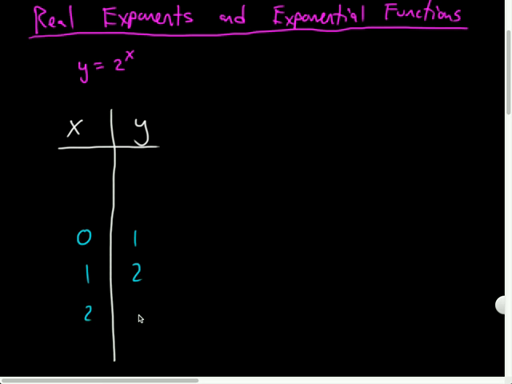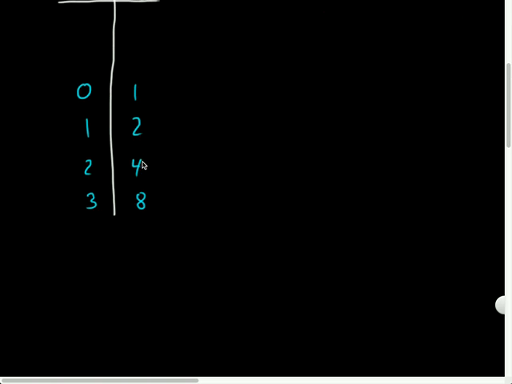Plug in 2, 2 squared, 4. 2 to the third is 8. Yeah, and you can see the pattern is it's always double the previous term.